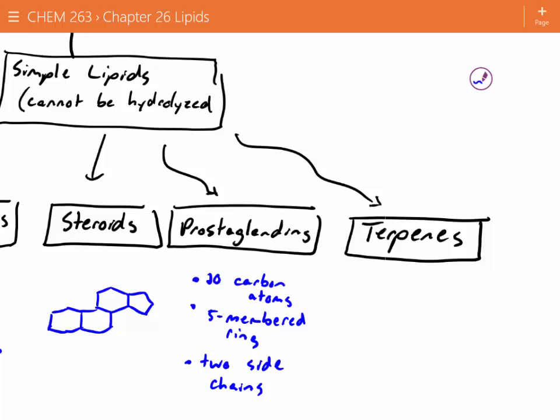There's a whole variety of prostaglandins. They're used in biological signaling very regularly, and they're very structurally diverse, so I'm not going to draw an example one. The last one are terpenes. And terpenes have this structural unit in them, where they all have isoprene units that repeat in them, or they've got multiple isoprene units in them.